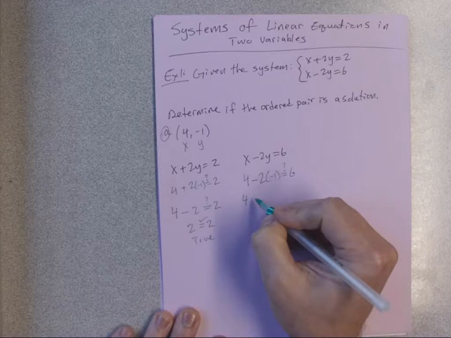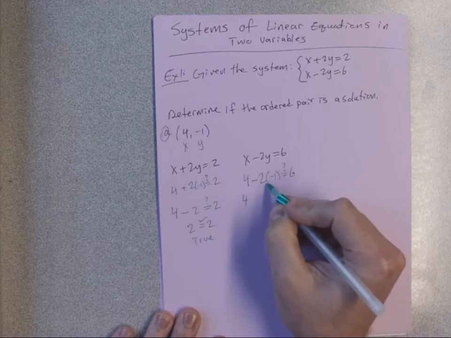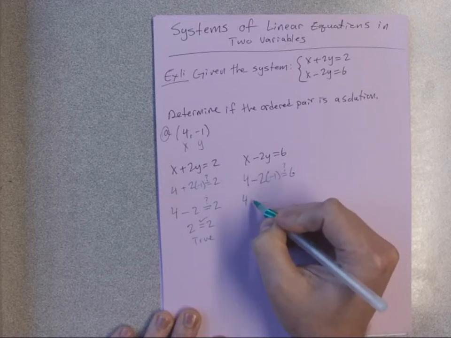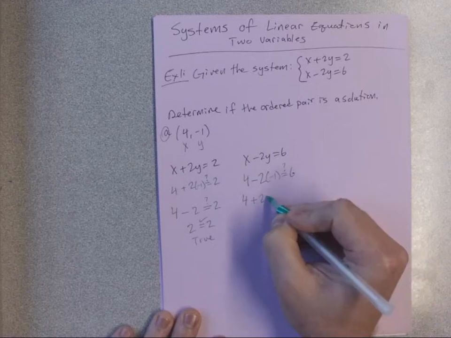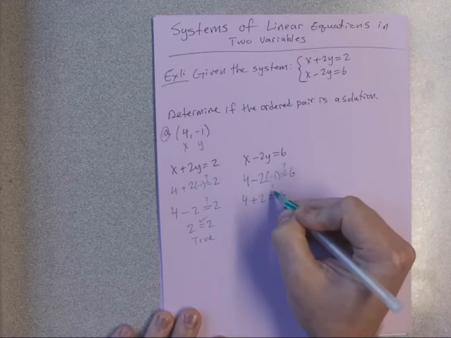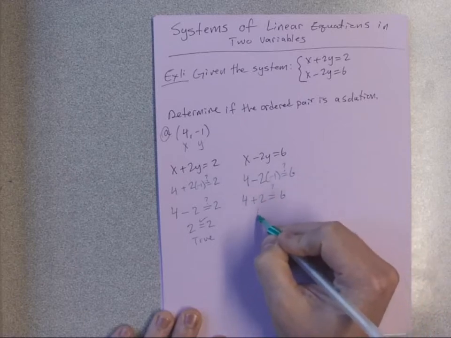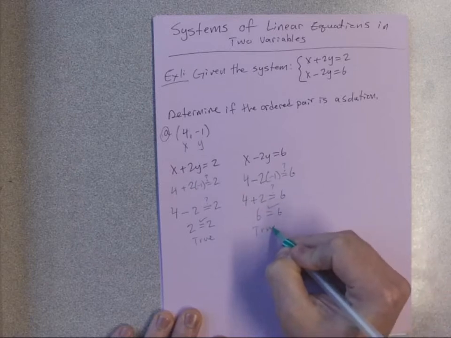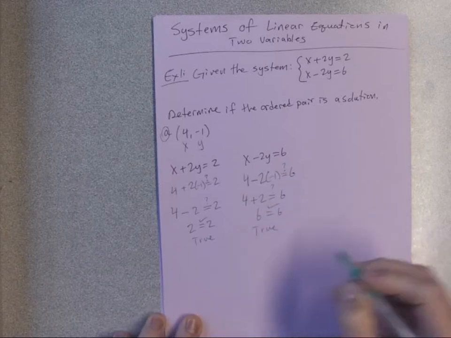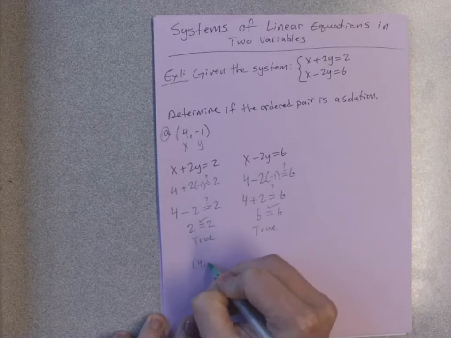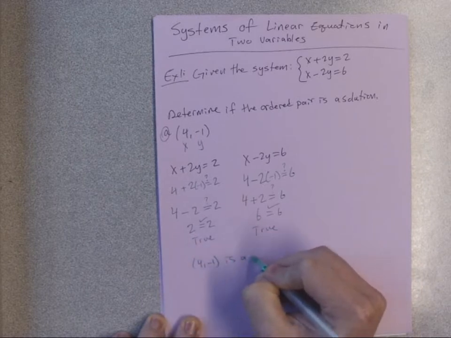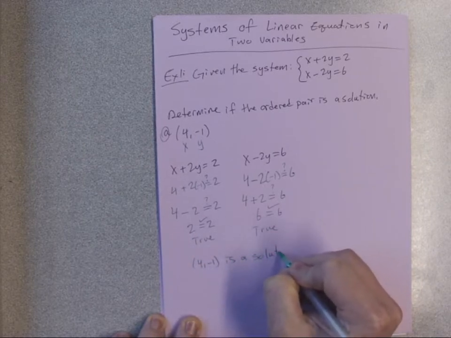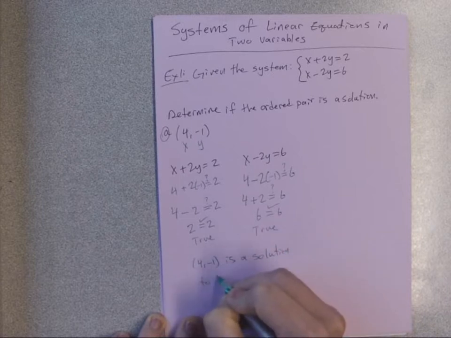Simplify. 4 minus, and then 2 times negative 1 is a negative 2, so this becomes a plus 2. And I'm still questioning, is that equal to 6? So 6 is equal to 6. That is true. Yes. So this means that 4, negative 1 is a solution to the system.